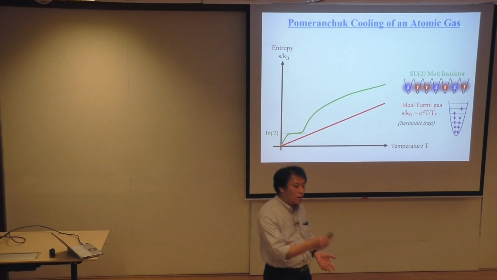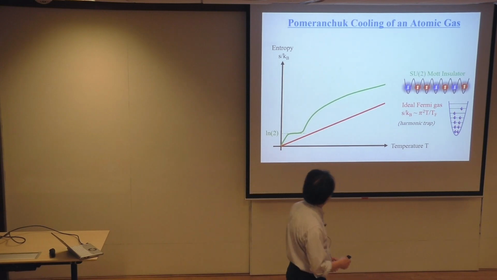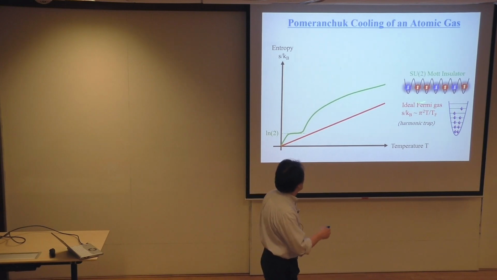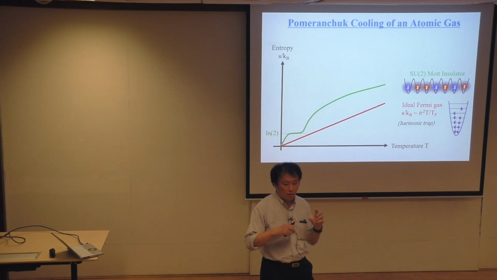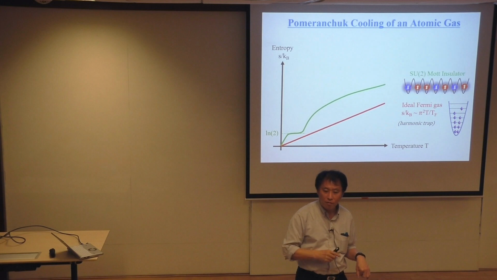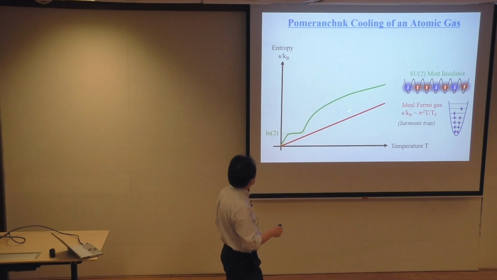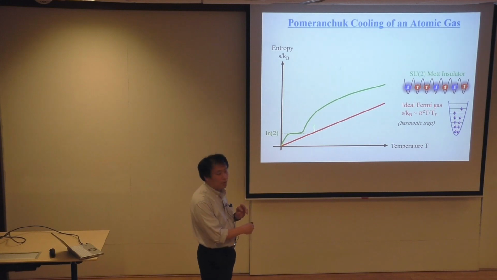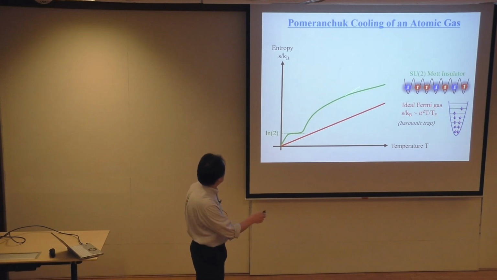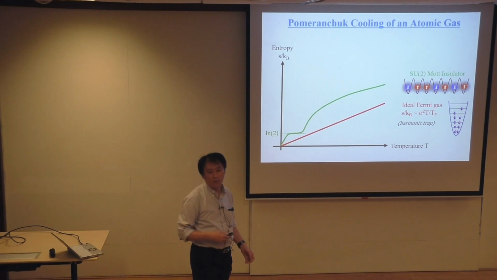When the atoms are loaded into the optical lattice, each atom can take spin up or down, so it can carry the entropy of log 2. So the entropy versus temperature curve becomes something like this.